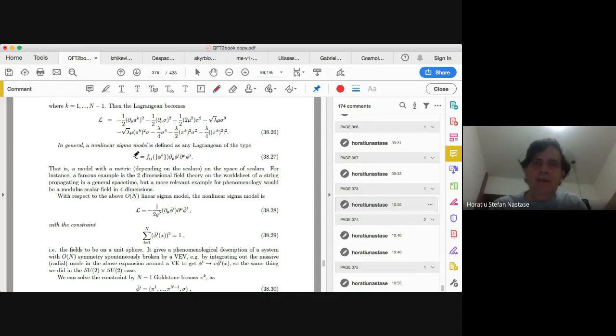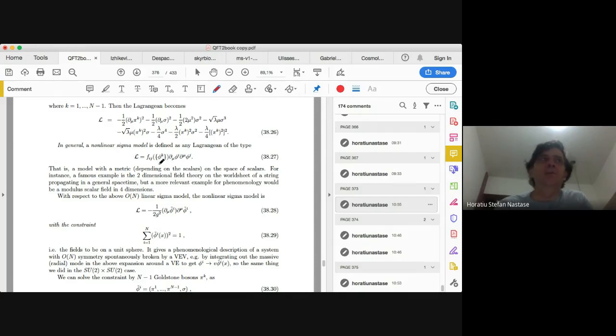A nonlinear sigma model in general means, as opposed to a linear sigma model, that I have this d mu phi I, d mu phi j, but it's multiplied not by a constant, minus 1/2, but by something that I would call a metric, F_ij, depending on the pi's, depending on the scalars, a metric on scalar space.